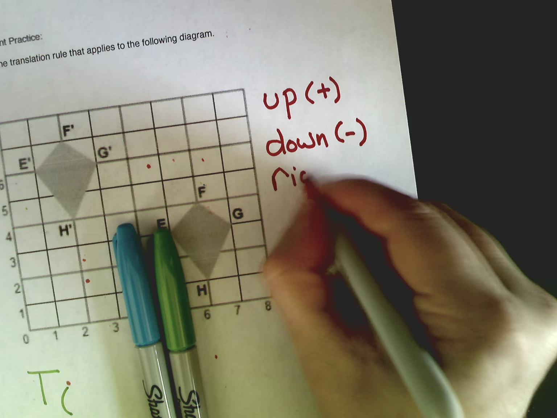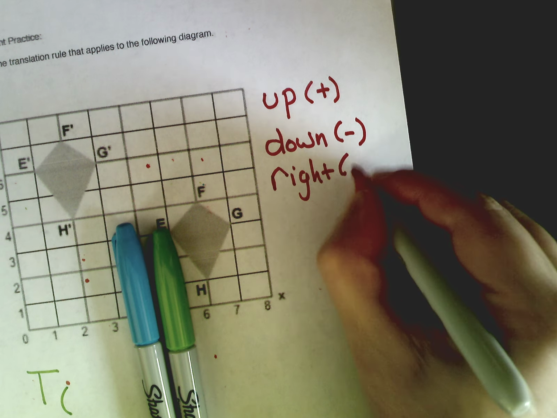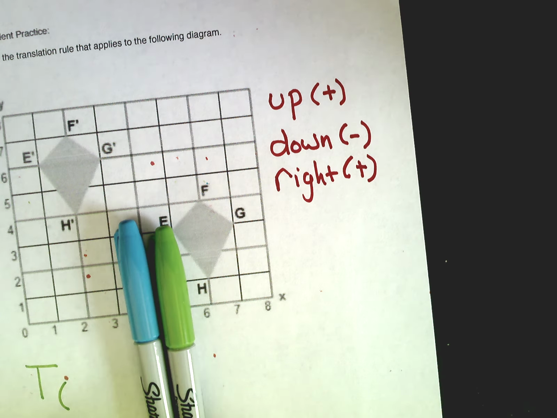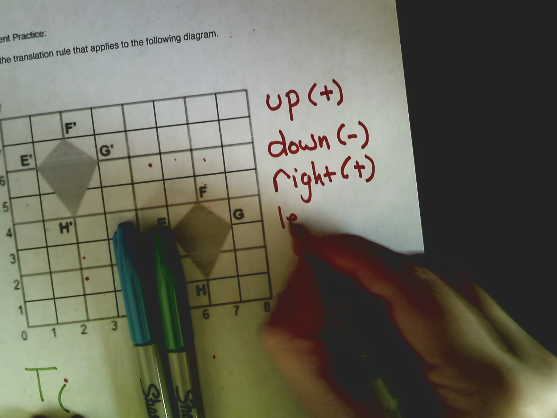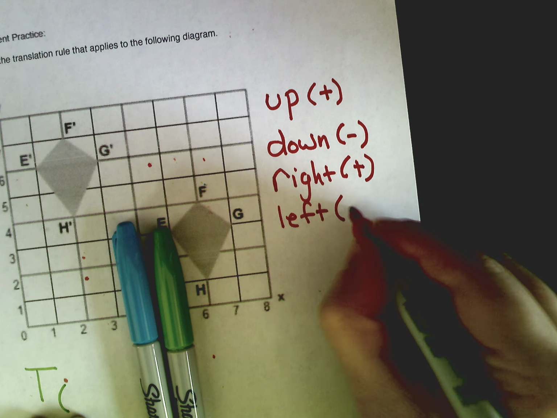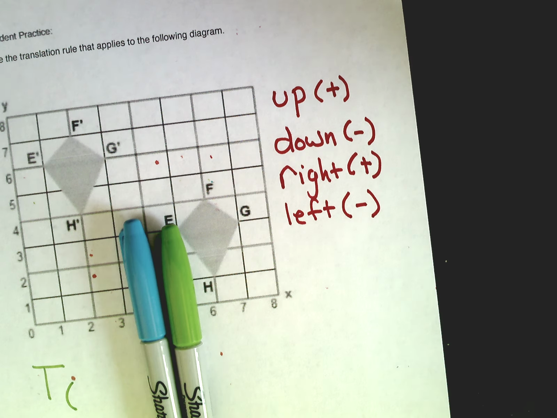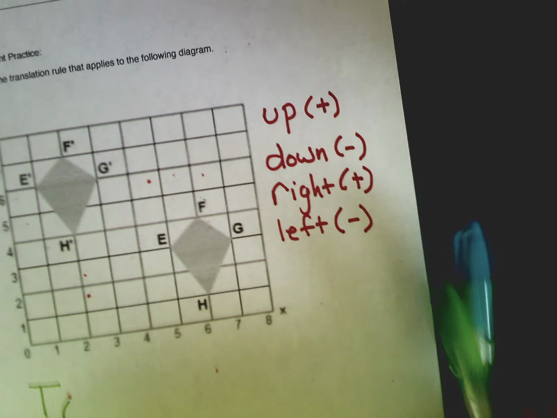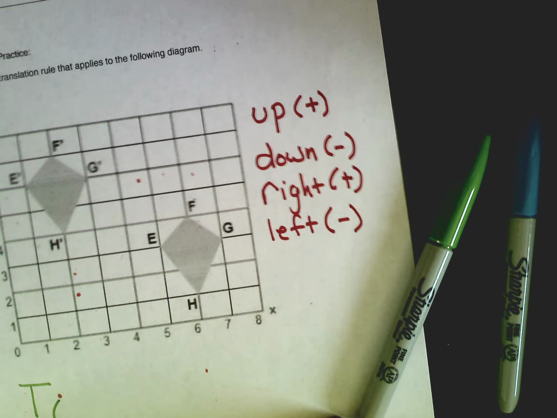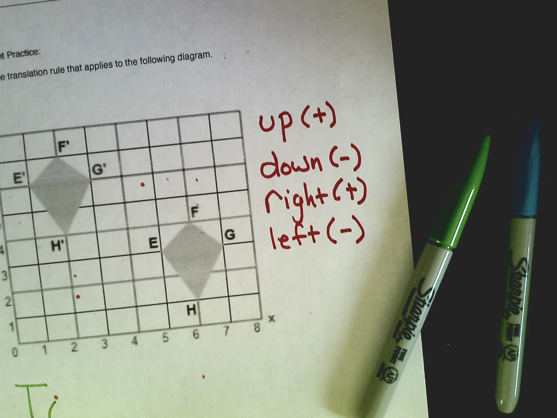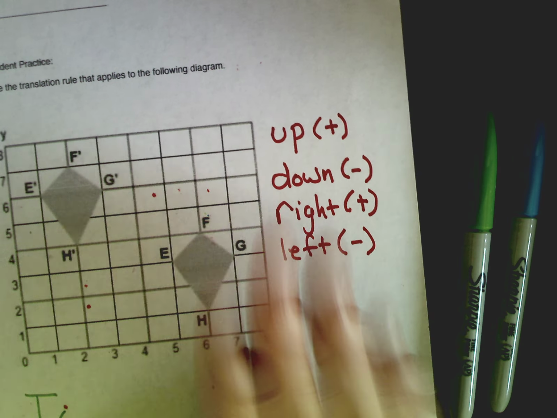Right, to go right, is positive. To go left is negative. Write that down. If you remember that, hopefully everyone remembers that. Sometimes it gets a little weird in algebra, but in geometry, this is pretty much the rule.